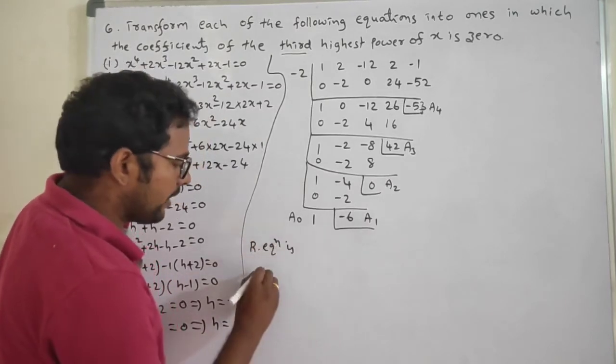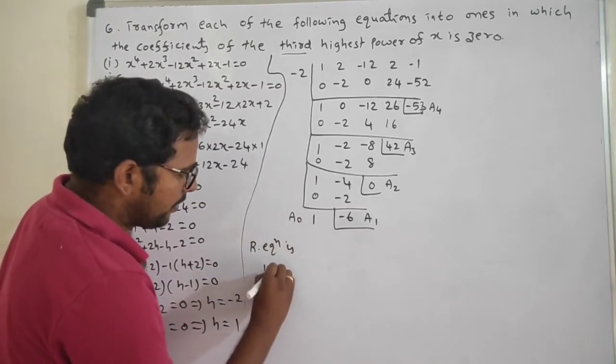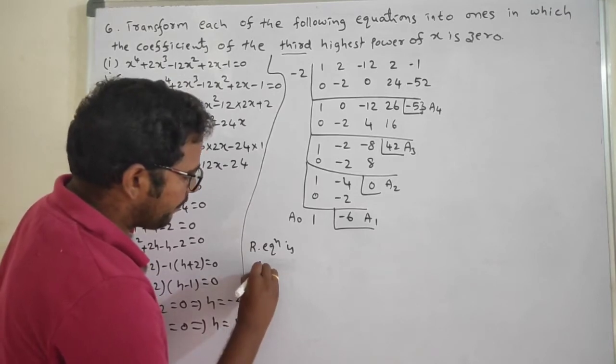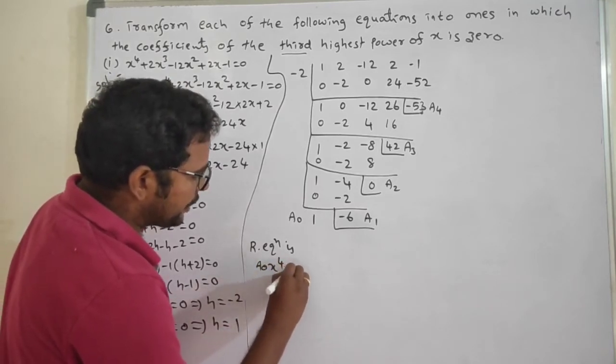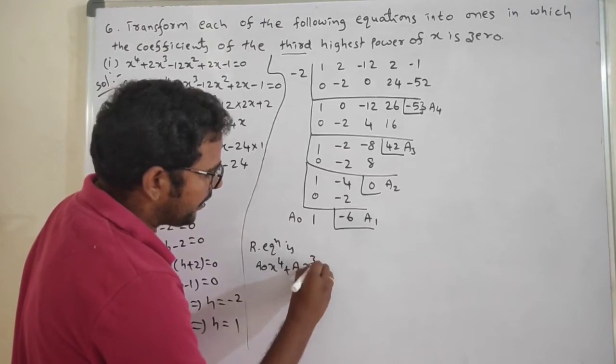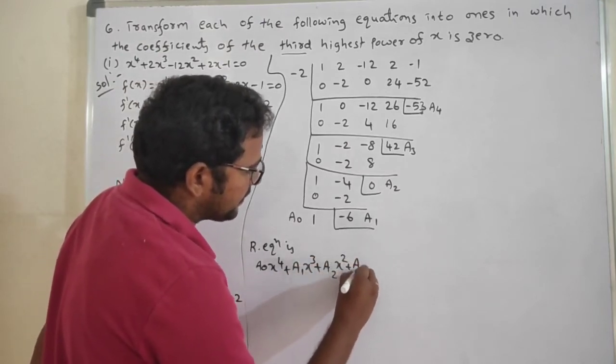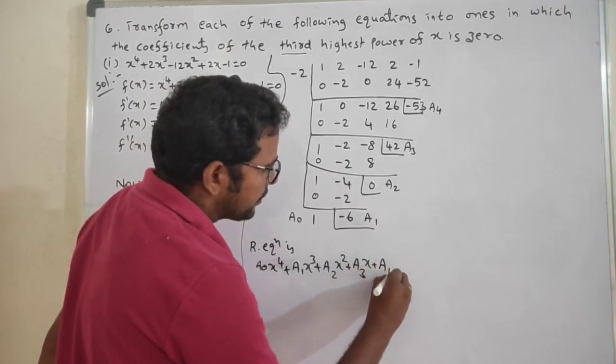The required equation is a0 x power 4 plus a1 x power 3 plus a2 x square plus a3 x plus a4 equals 0.